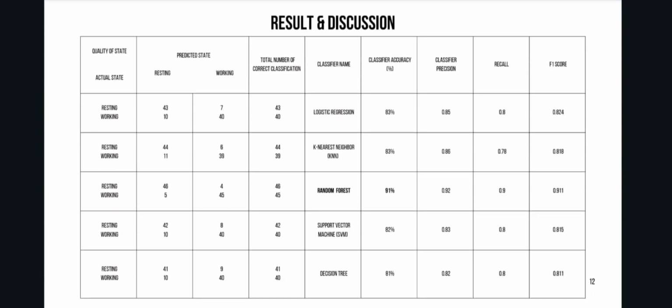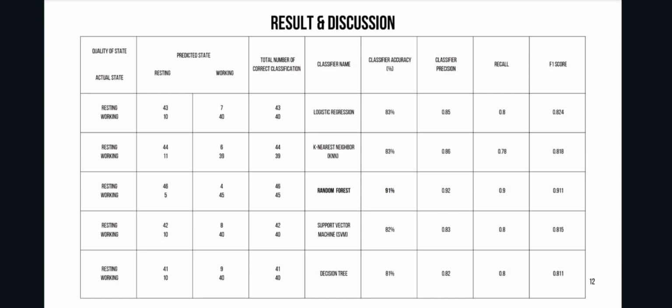Five different machine learning algorithms, namely logistic regression, k nearest neighbor (KNN), random forest, support vector machine (SVM), and decision tree have been used.